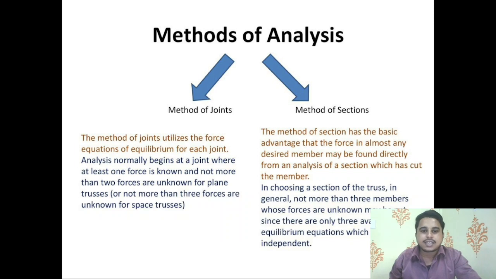So here are the catches, you can read them out, what should be remembered to proceed according to this method. So let's move to the method of joints.